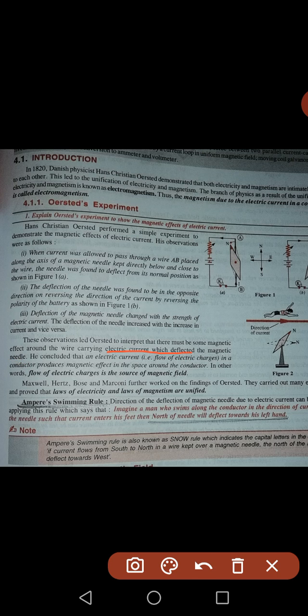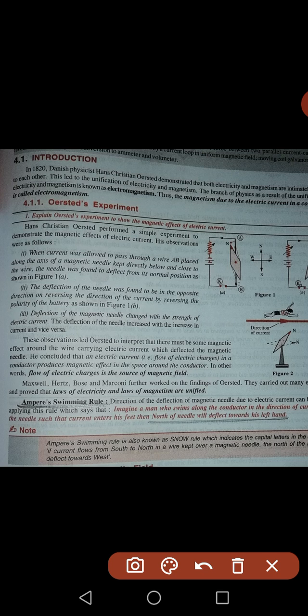He concluded that an electric current, which is nothing but the flow of electric charge, in a conductor produces a magnetic effect in the space around the conductor. In other words, the flow of electric current is the source of magnetic field. This is the conclusion given by Oersted.